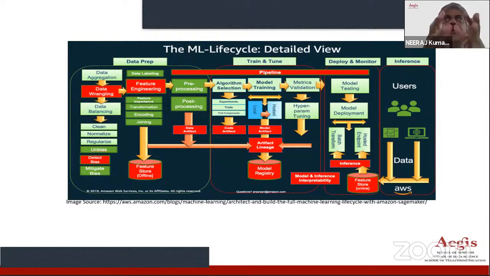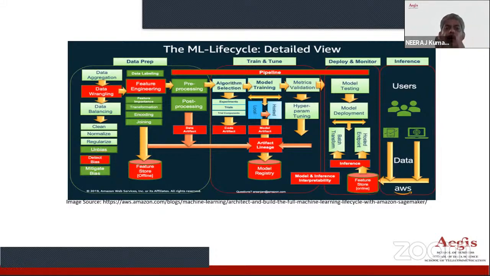So as a data scientist, you are basically more focused on training and tuning of your model. You are not bothered about all the rest of the steps required, right? Of course, as a data scientist, you are also involved in the data preparation, which is the main critical role of that. But you are not bothered about the complete end-to-end life cycle of it, right? So it's a very specific part of it that you are interested in.